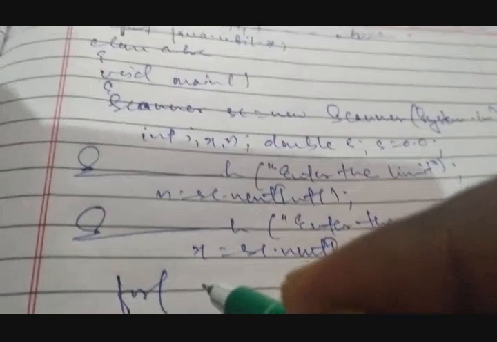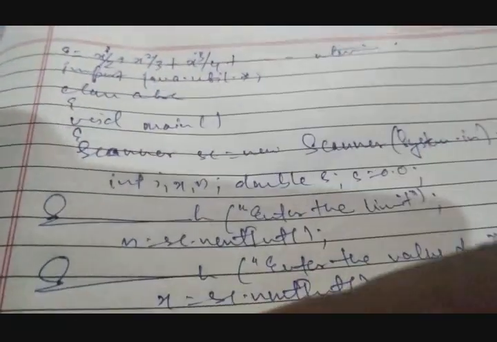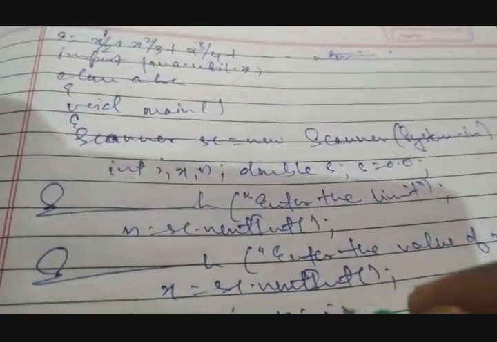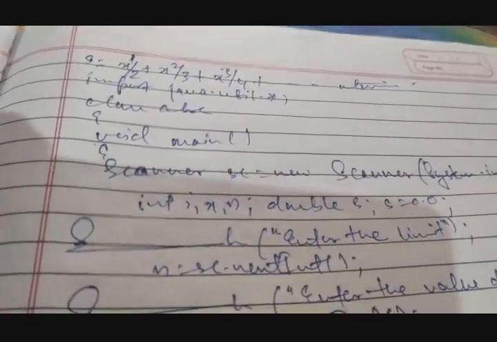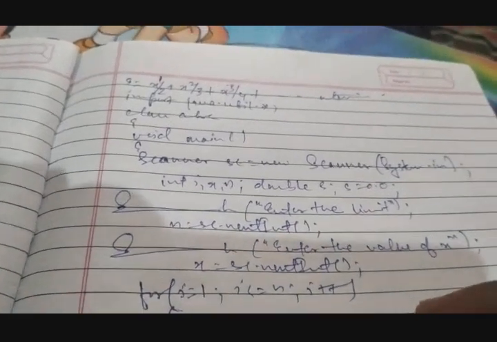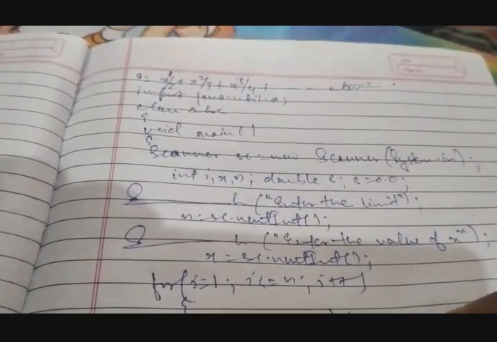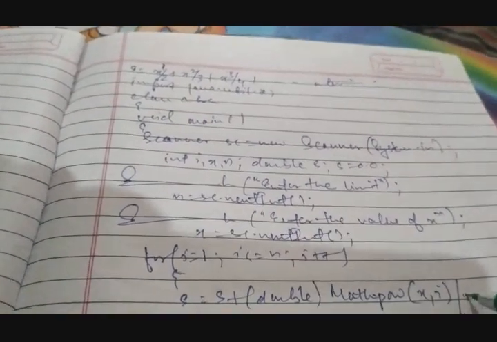For i equals to 1. Look at the loop. Loop is at the power 1, 2, 3 sequential. i less than equals to n, i plus plus. Alright. So s equals to s plus, now double, we need to get a decimal value, so Math dot pow x to the power i upon i plus 1.